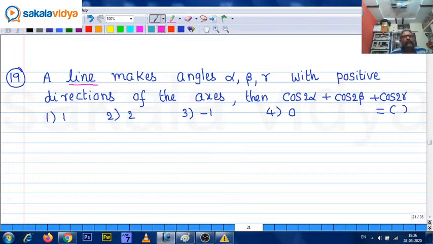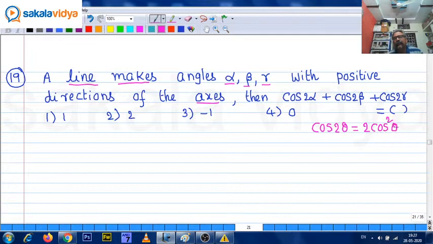A line makes angles alpha, beta, gamma with the positive directions of the axis. Then we need to find out cos 2 alpha plus cos 2 beta plus cos 2 gamma. Here basically we need to remember the cos 2 theta formula: cos 2 theta is equal to 2 cos square theta minus 1.